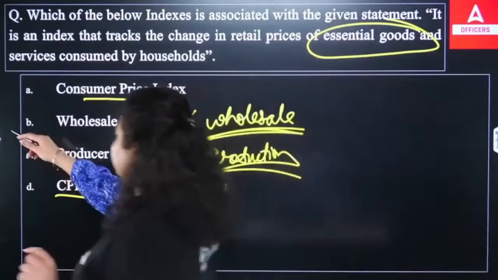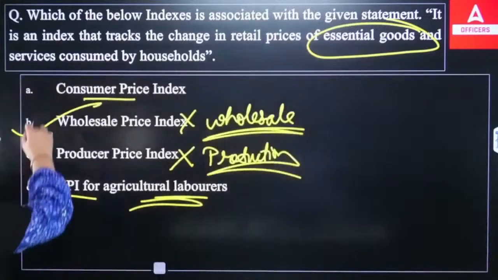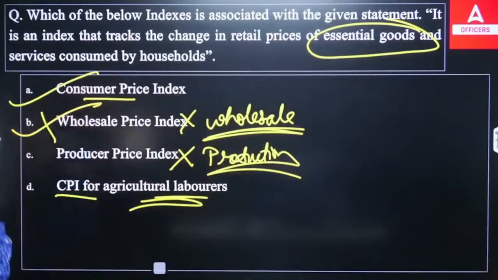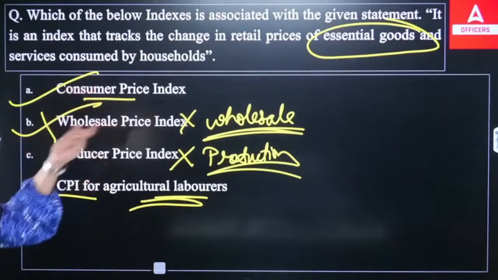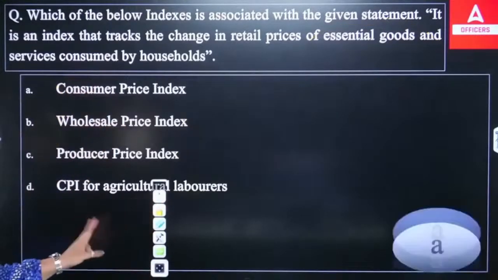So right answer will be what? It will be B. Sorry, not B, this A, consumer price index. Okay, so CPI measures the inflation at the retail level and CPI also maintains the record of what? It also maintains the record related to your retail level plus the cost of living of the public. So right answer is A.